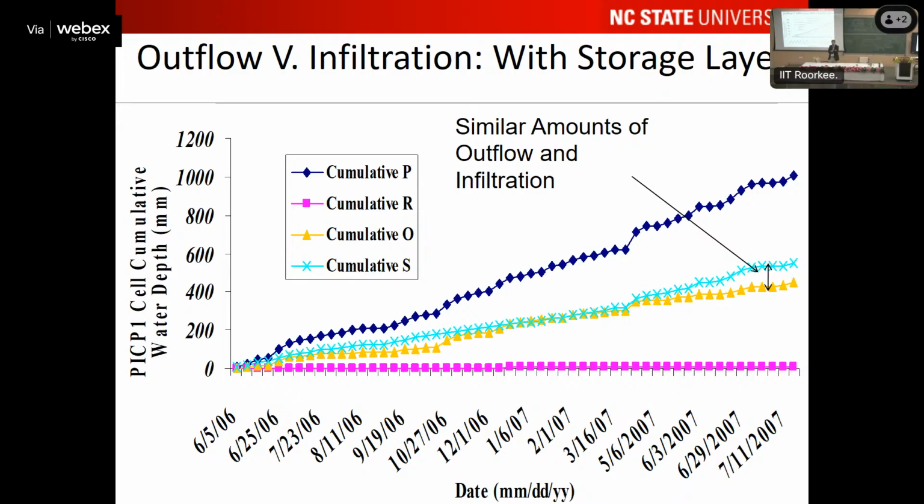In places where you are trying to improve infiltration, having a little bit of an upturned drain pipe to encourage water to soak into the ground is a good thing. Now, there are plenty of places where you don't want that.